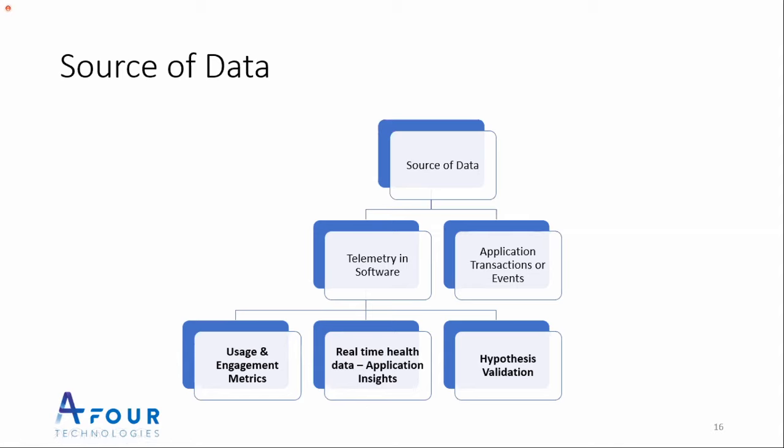For example, there are different kinds of SDKs available today. From Azure, we have Application Insights. Using this SDK, you are placing some kind of hooks in your server side and client side application, which collects what is happening in the background.